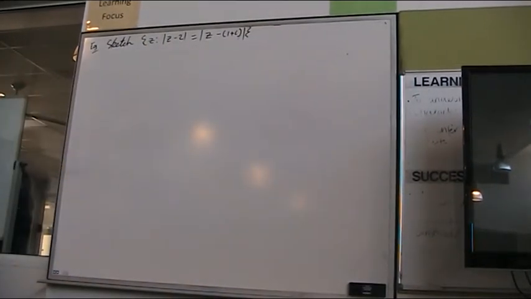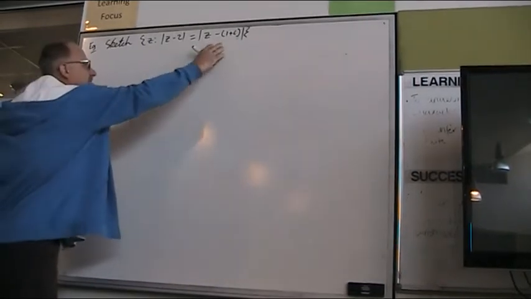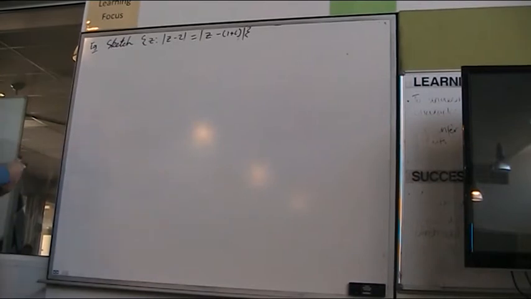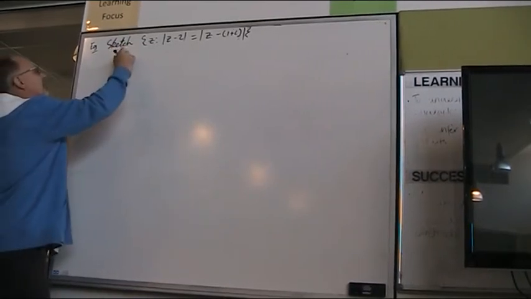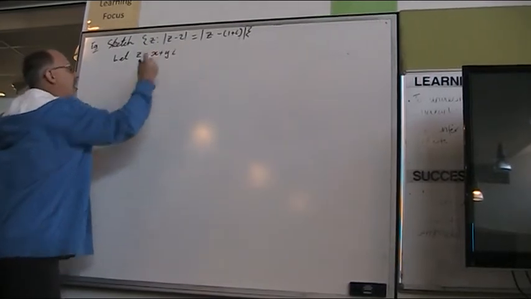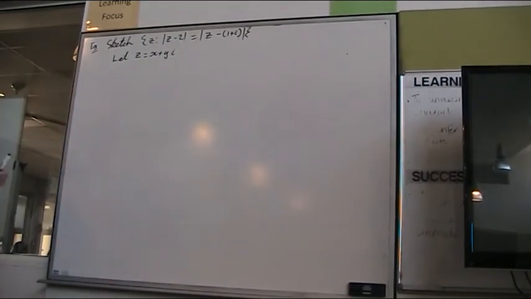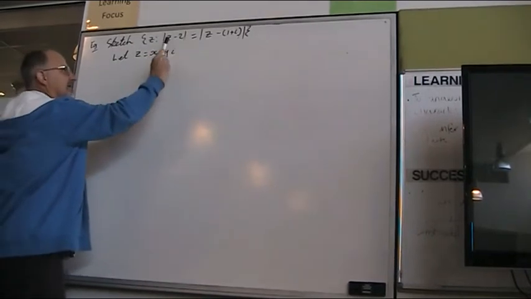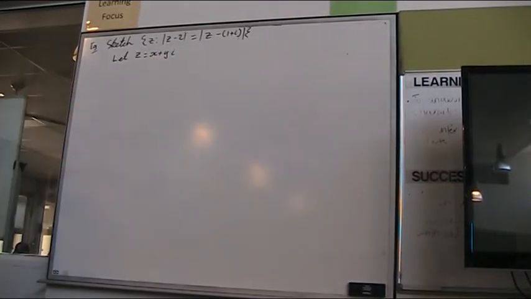All right, so if we use the same technique as we did before, to change it from this form to Cartesian, we let z equal x plus yi. Now this z and this z, they're the same z's.